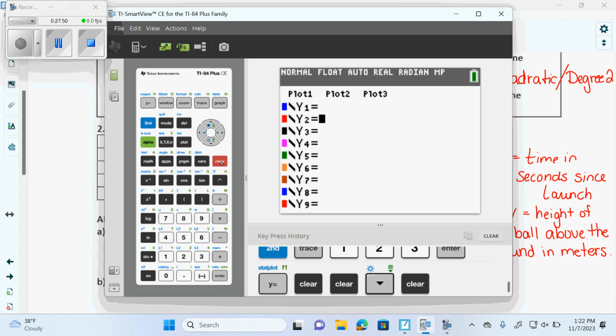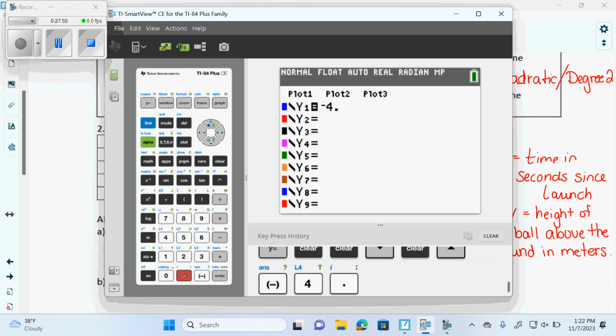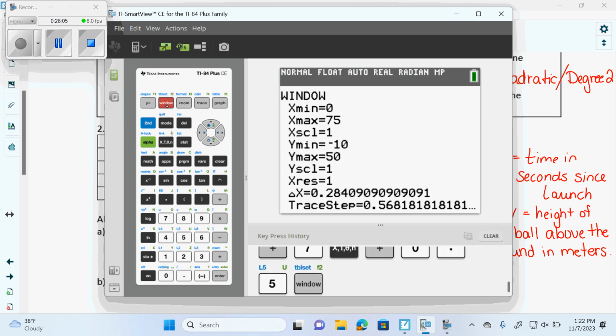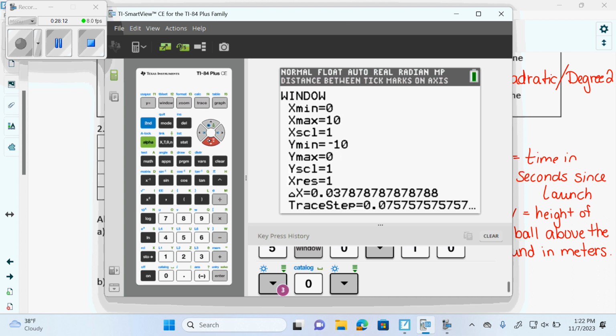Okay, so we have negative 4.9 t squared plus 7t, and then plus 0.5. And if I'm stuck, I could always go 0, 10, 0, and 10 and see if something shows up, because I know that 0.5 is the y-intercept.